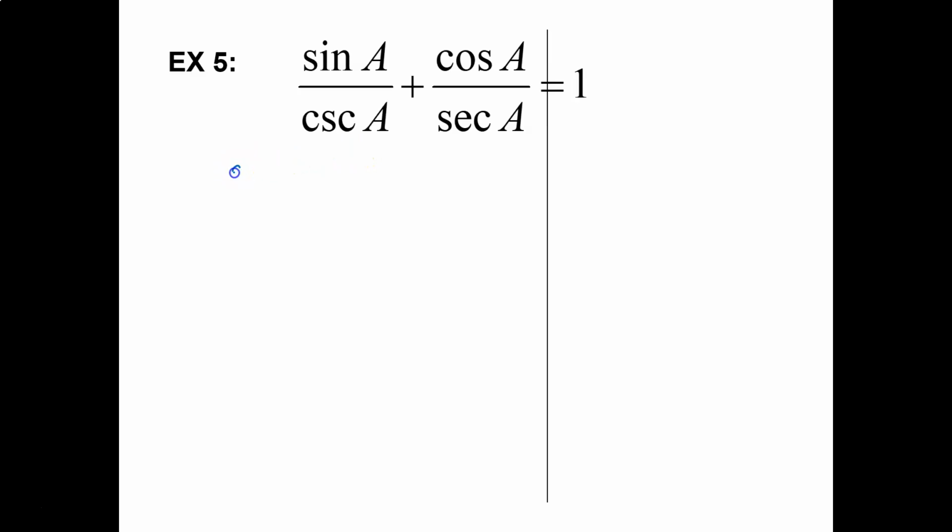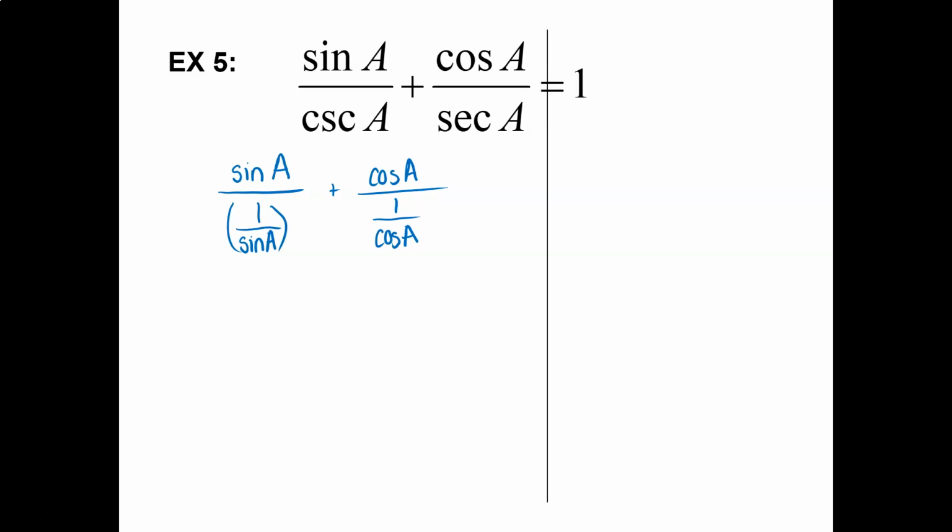I say that because I know more than you right now, and I can foresee what's happening here. So cosecant is 1 over sine A, and then cosine of A over 1 over cosine of A. You could get common denominators here, but that is going to be even worse.